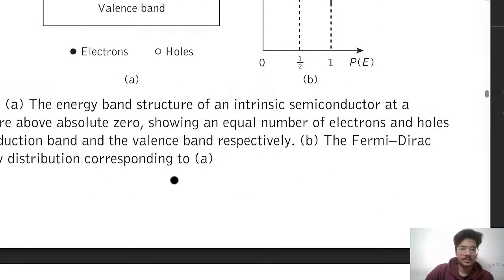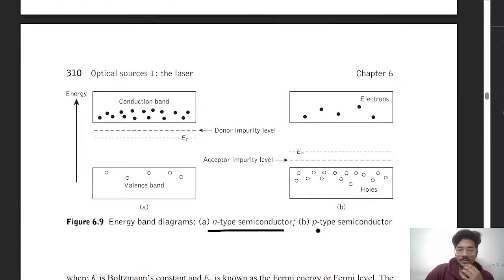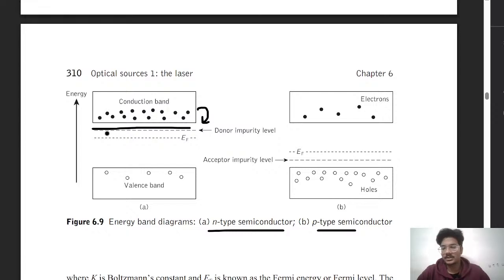In this example we can see the energy bands for the n-type and p-type semiconductors. In n-type, the donor atom introduces an energy level just below the conduction band, so electrons can easily jump into the conduction band.